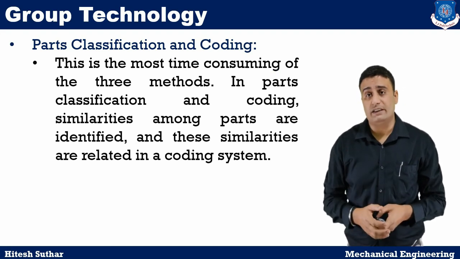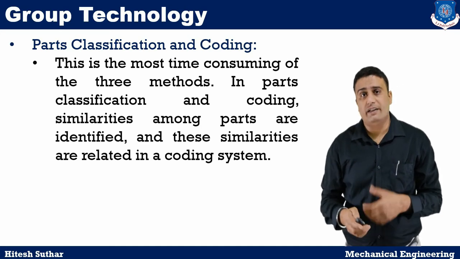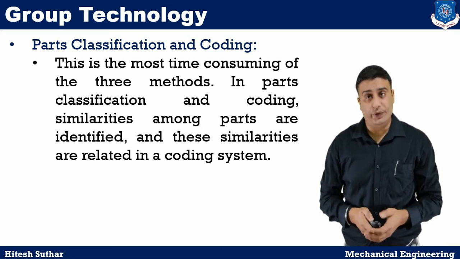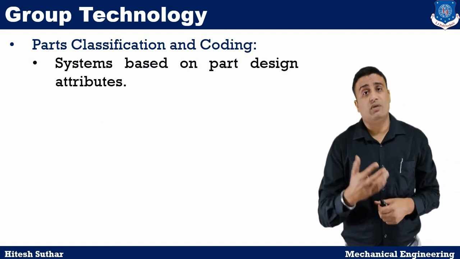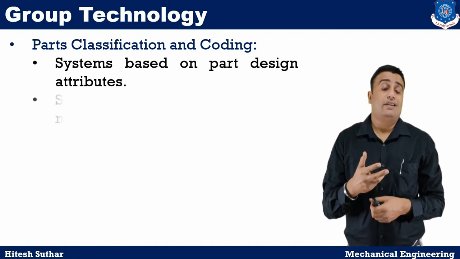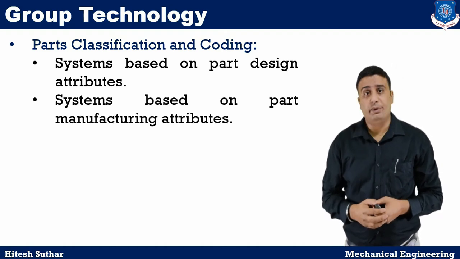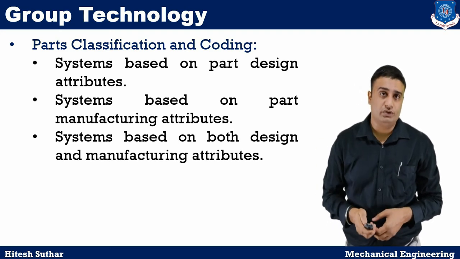In parts classification and coding, similarities among parts are identified and these similarities are related in a coding system. Parts classification and coding is based on a system based on part design attributes, a system based on part manufacturing attributes, and a system based on both design as well as manufacturing attributes.